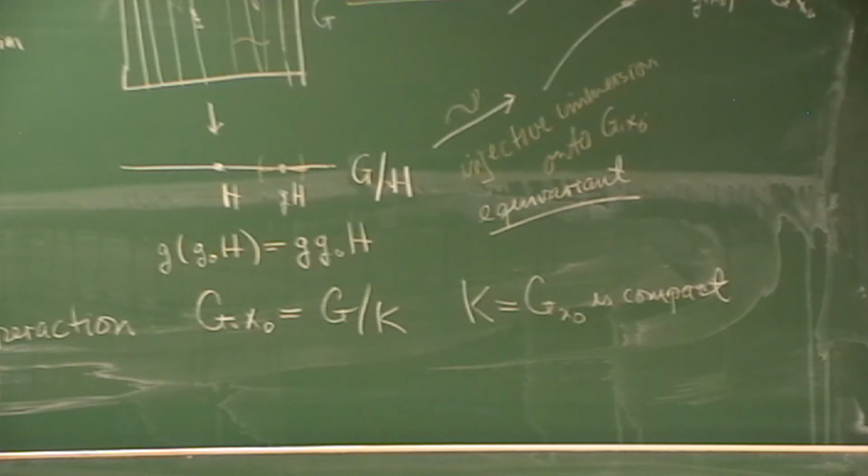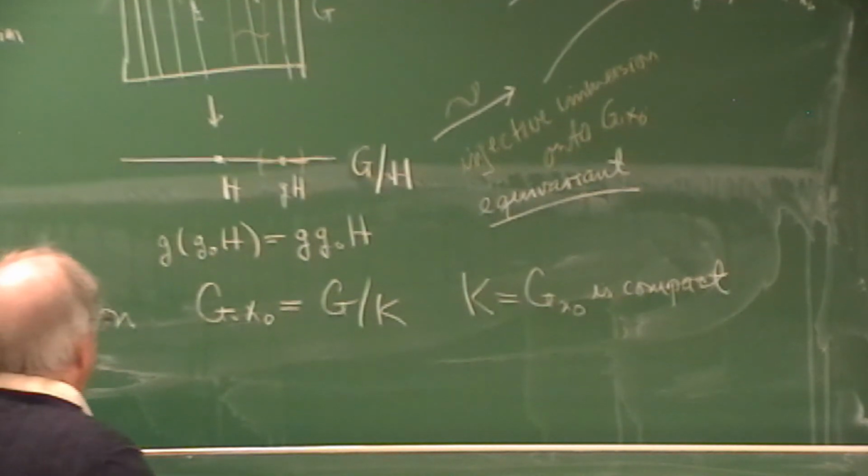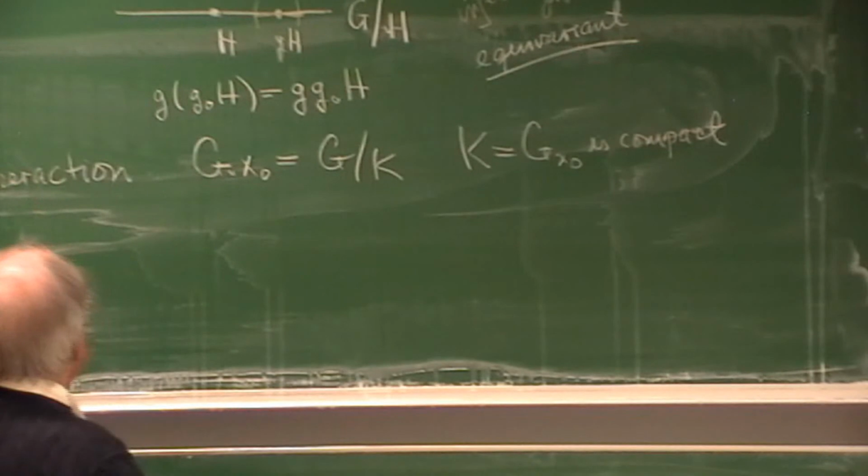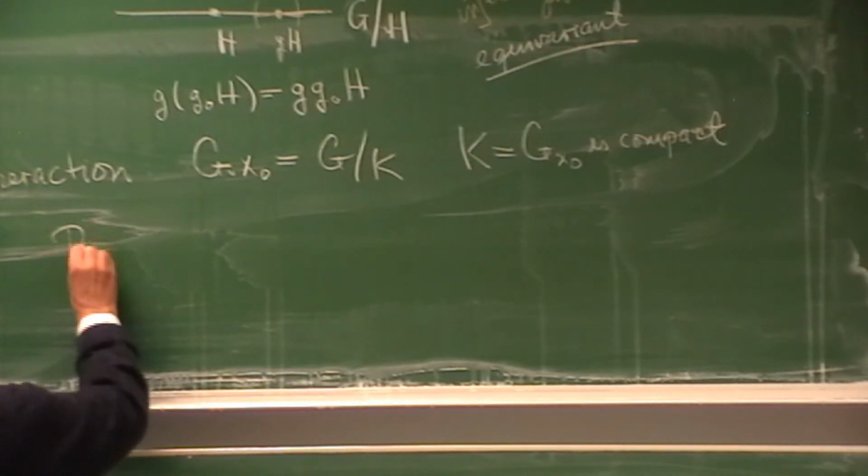Well, I told you, proper action means a lot of things, but in particular, the isotropy groups are compact. So we have a result, proposition.